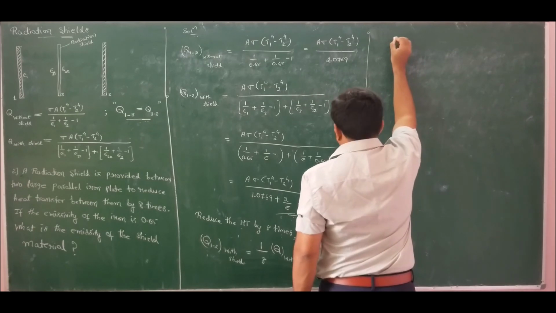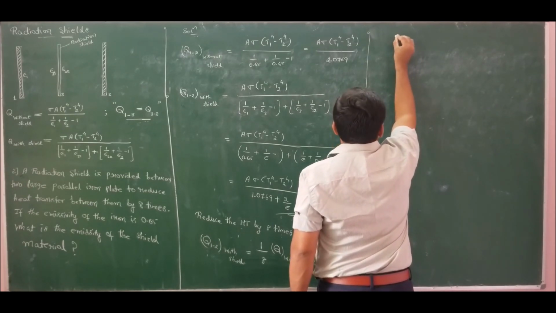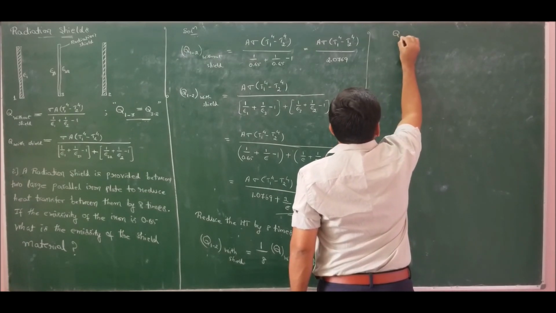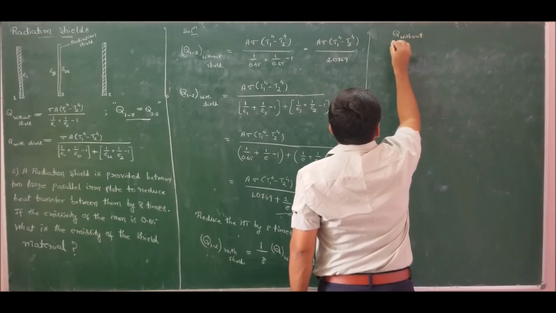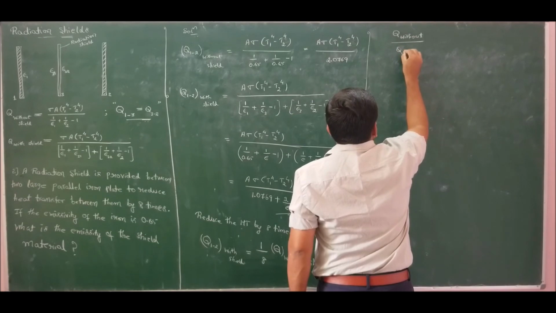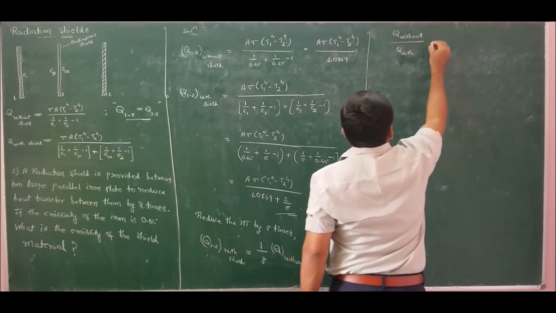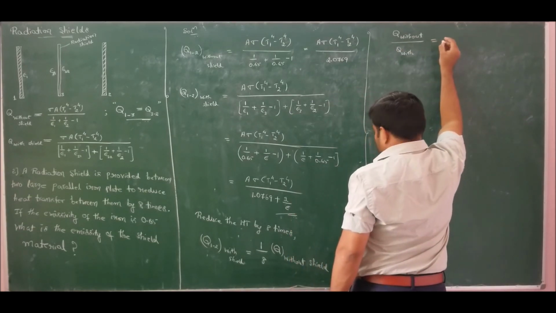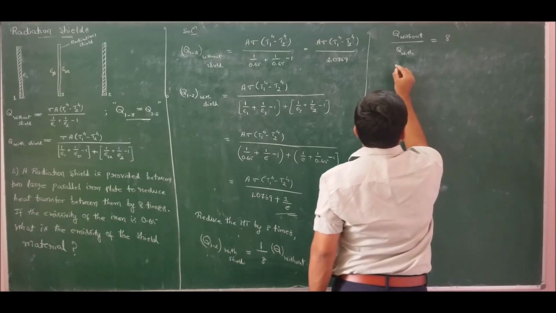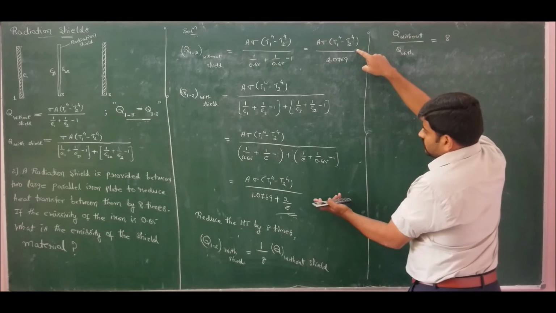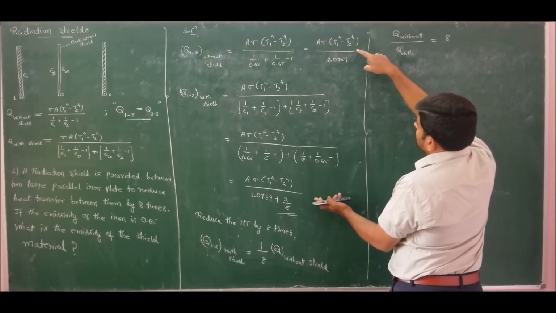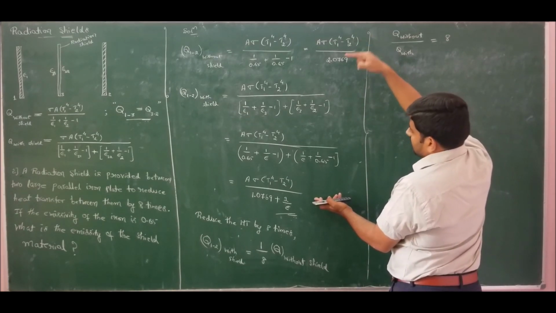So if I use this, I can write Q without shield divided by Q with shield is equal to 8. So therefore if I take the ratio of these two equations, A sigma (T1^4 minus T2^4) will get cancelled.